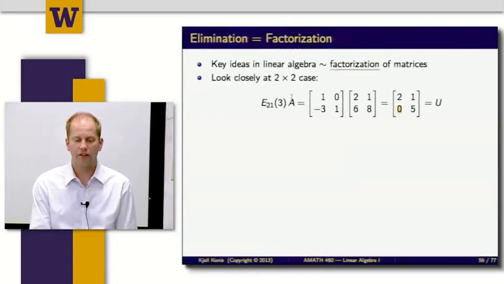I'm going to choose an elimination matrix, E21, with a multiplier of 3. When I pre-multiply A by this elimination matrix, I'll get the 0 in the position that I want. So this one elimination step gives me an upper triangular system, and because it's upper triangular, I'm going to call it U.